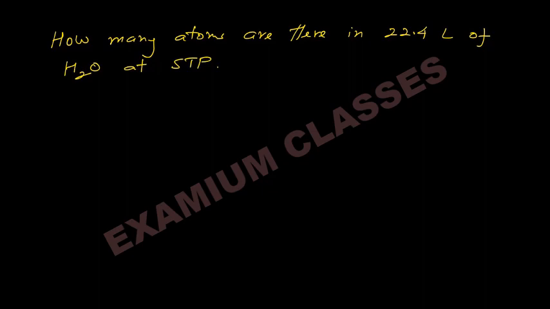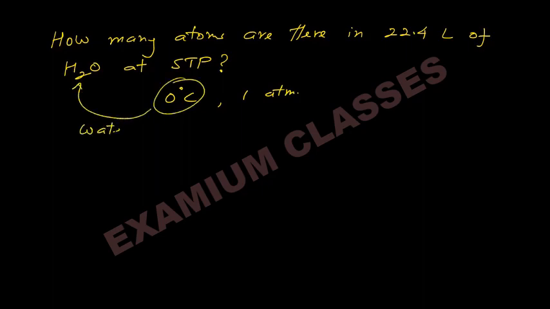The key is here that we are talking about STP, and STP means 0 degrees Celsius and 1 atmospheric pressure, and at 0 degrees Celsius H2O is water, not a gas. So because it is water or ice, you can't apply the formula of gas. 22.4 liter is strictly for gases. So how you need to deal with it?